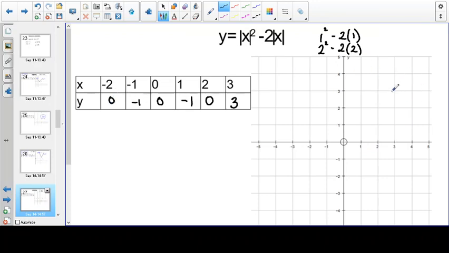Okay, so we've got 3, 3, 2, 0, 1, minus 1, 0, 0, minus 1, minus 1, and minus 2, 0, and the other one would be there. Okay, so we end up with this bit.